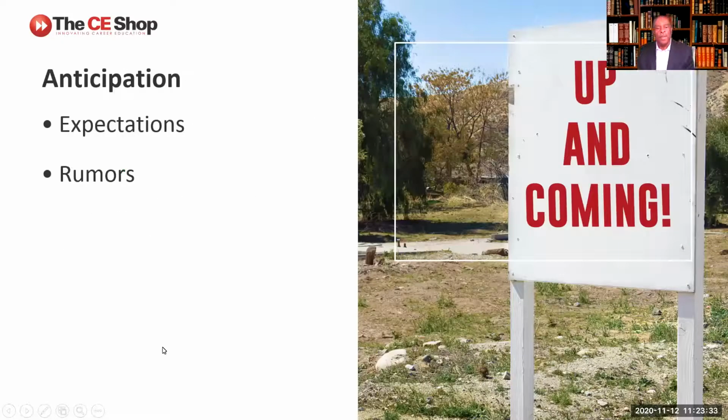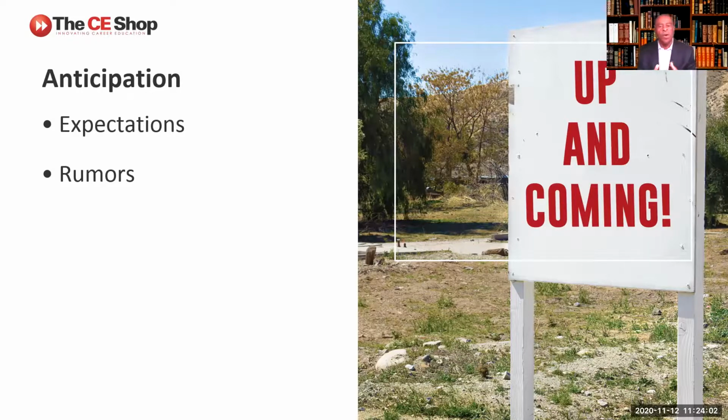So let's talk about these 9 important principles of value. The first one is anticipation. And as that word sort of describes, anticipation is about expectations. What's coming soon.